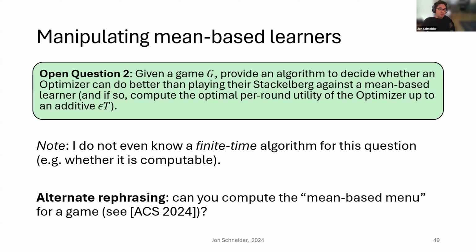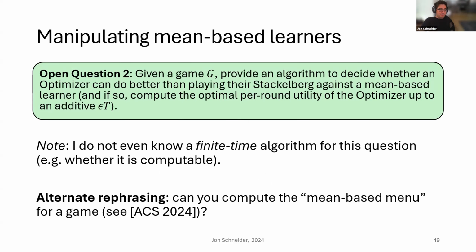So the second open question here is, if I give you a game, can you provide an algorithm that decides whether the optimizer can do better than just playing the Stackelberg strategy every round against a mean-based learner? And if so, how much better? Like, what should they do? What's the optimal per round utility they can get, up to maybe some additive epsilon T?